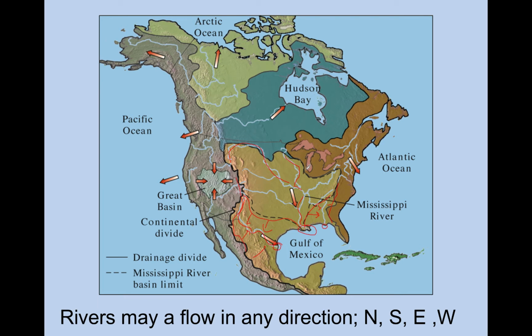Now notice where we are. We're actually very close to a drainage divide sitting right there at the end of Lake Michigan. Normally none of our water would have flowed naturally out into the Mississippi River, but we changed that by changing the direction of flow out of Lake Michigan.